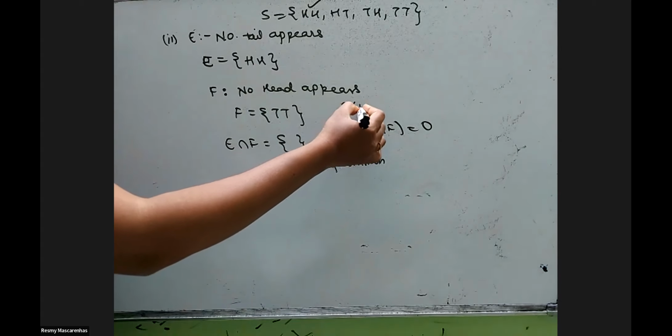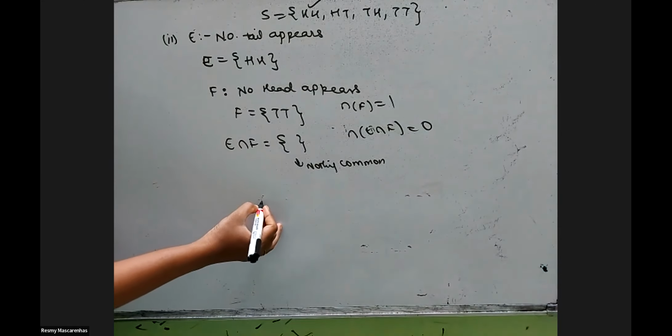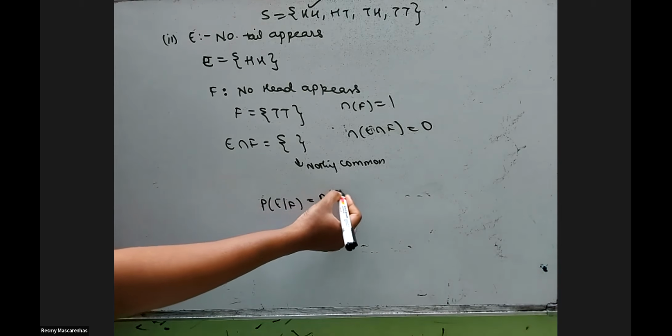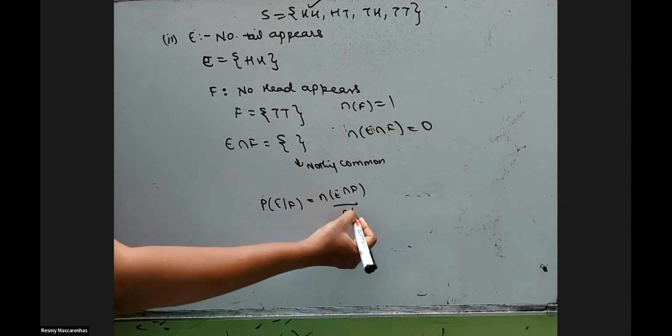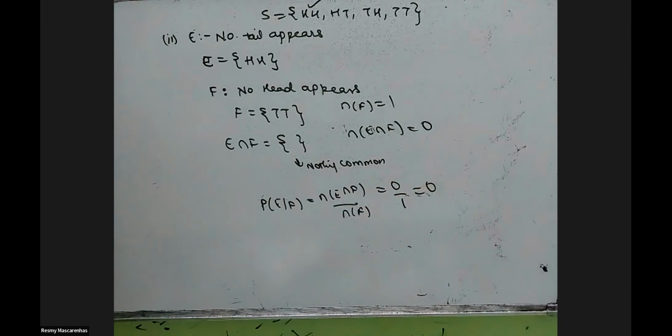And N of F is 1. We are asked to find P of E upon F, which is 0 upon 1, that is 0.